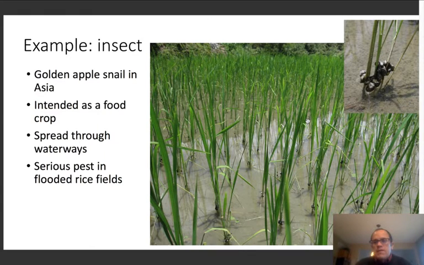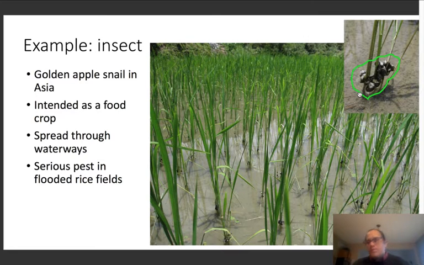Here's a pest. These guys over here look like little mollusks. Well, that's exactly what they are. These are snails that are growing up on the plant. You can eat these guys. That's interesting. But they can spread through various waterways.